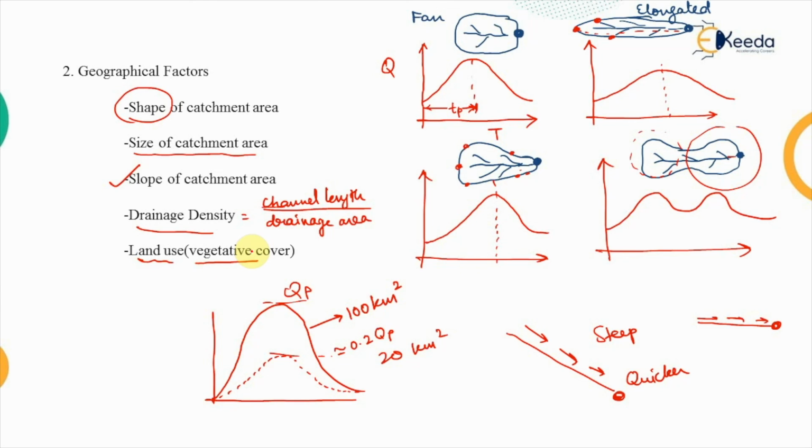If more vegetative cover is available, the obstruction to the path of the water will be more, and therefore the contribution of water towards the outlet point will be lower and at a slower rate, and because of that the peak obtained will be lower and will be obtained at a later stage.